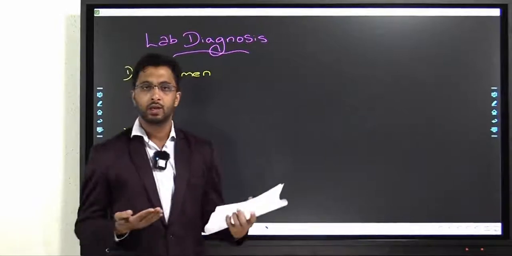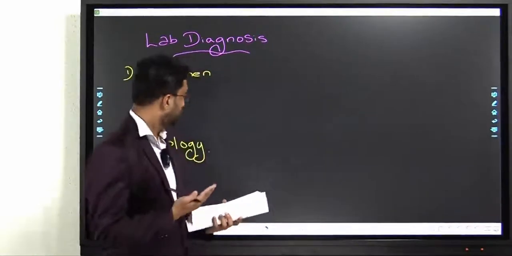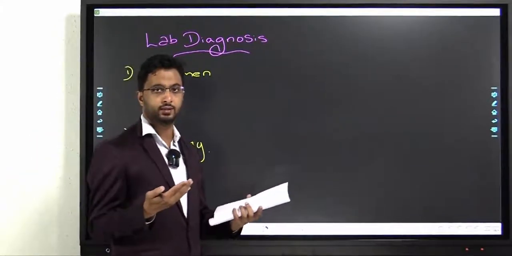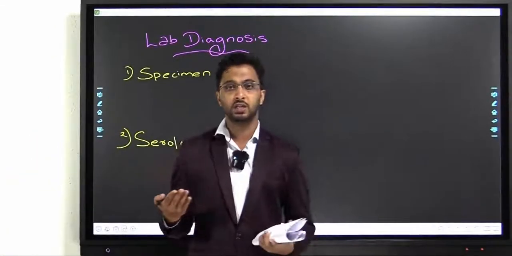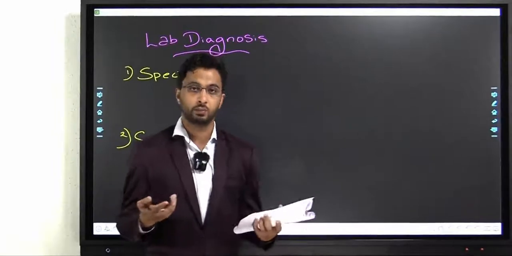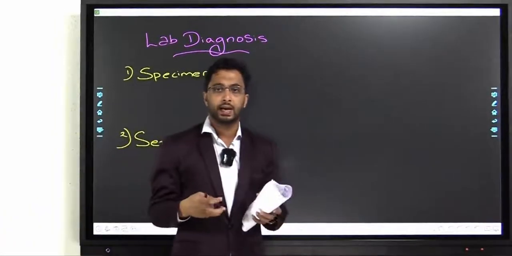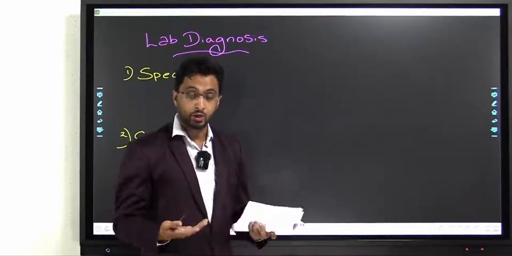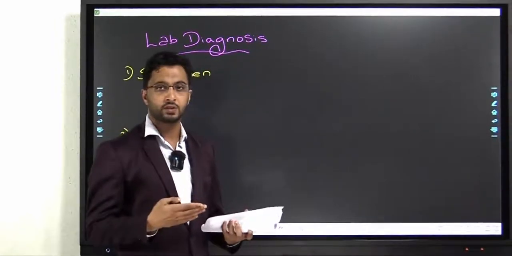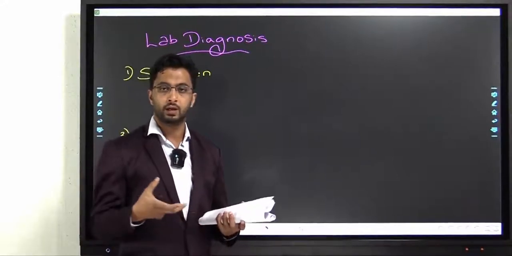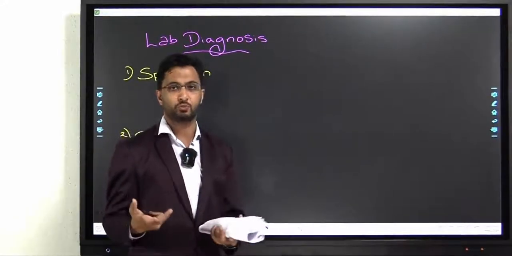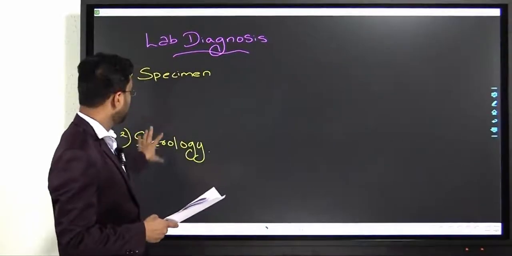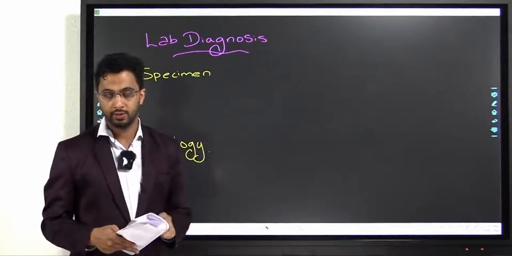Then culture is done in Thayer-Martin media, where you see the cultural characteristics. You can go into biochemical reactions also, oxidase and catalase positivity. But more important here is specimen collection and serology.